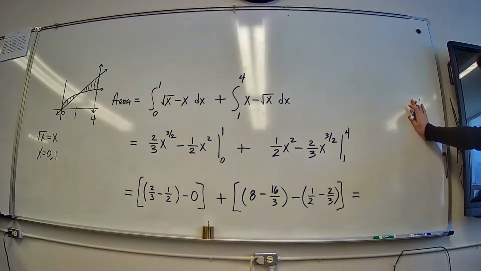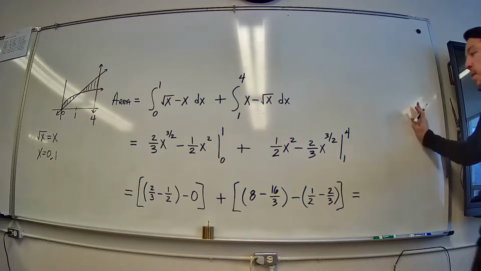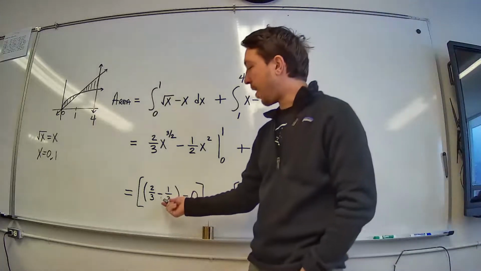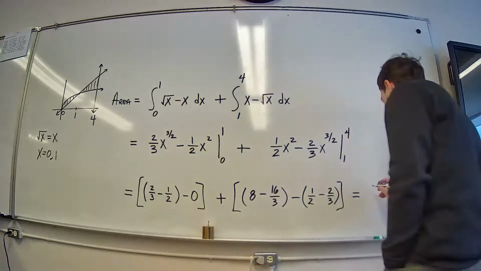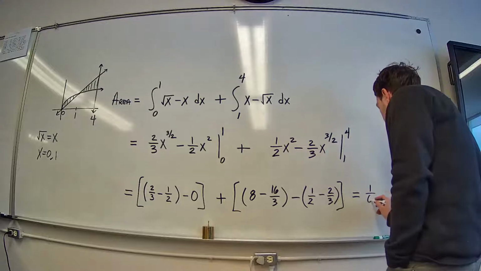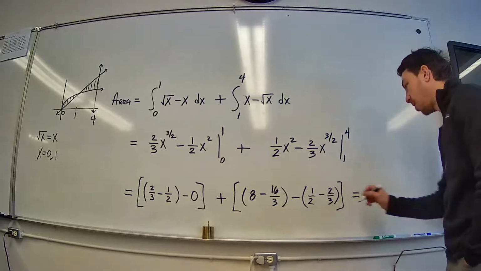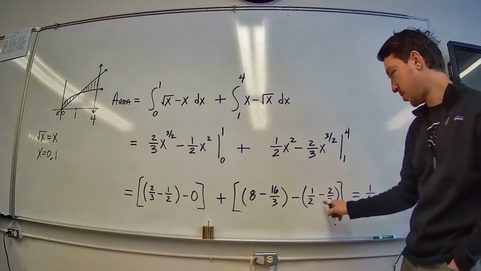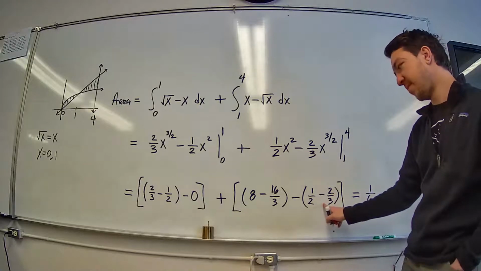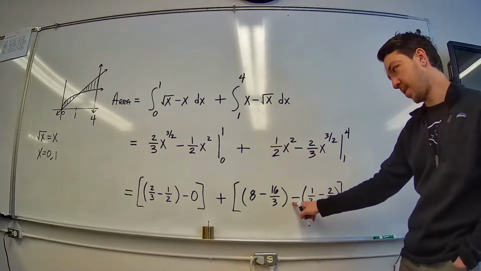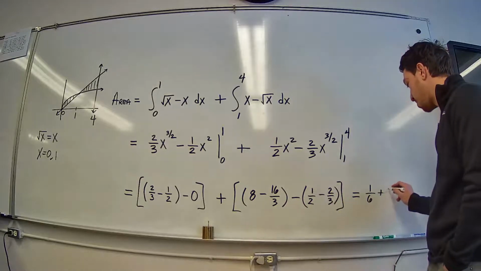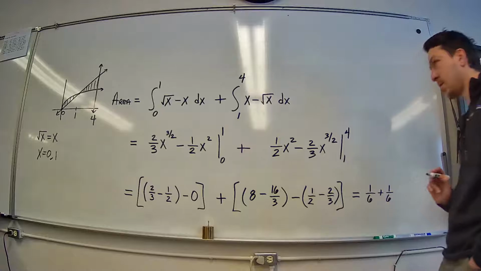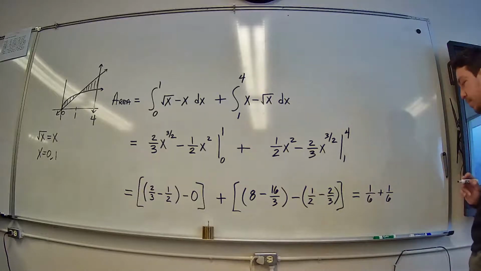How do we feel about that? Okay, let's do a little bit of arithmetic here. 2/3 minus 1/2 is 1/6. So we've got a 1/6. And then here, this would be negative 1/6, but we're subtracting it. This is a plus, so we have minus negative 1/6, so that's really adding another 1/6 on, right?